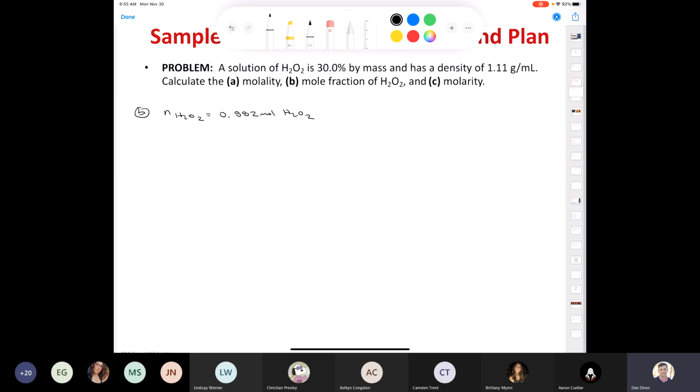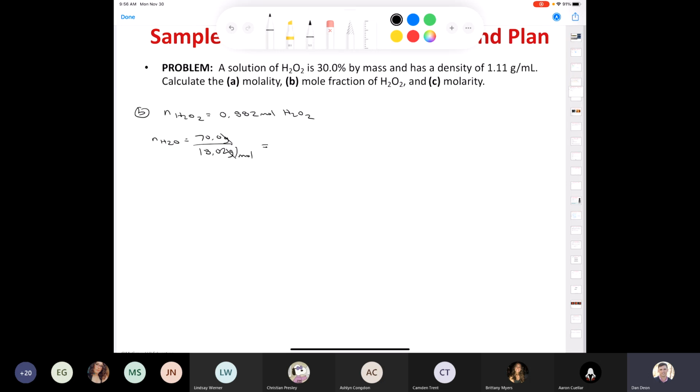And I know that my solvent is water, because this is an aqueous solution of hydrogen peroxide, and I've got 70 grams of water. Remember that my solution is made of hydrogen peroxide and water. If I want to figure out the number of moles of water, it's going to be equal to 70.0 grams divided by 18.02 grams per mole, like that.